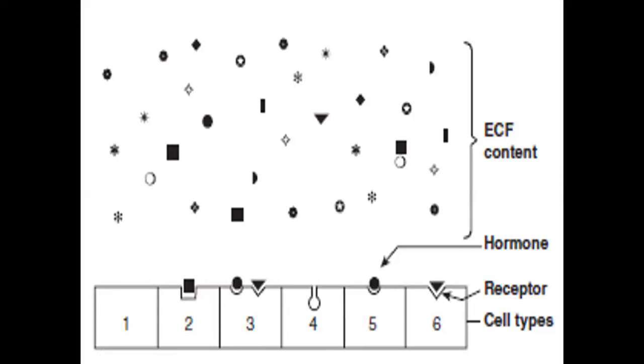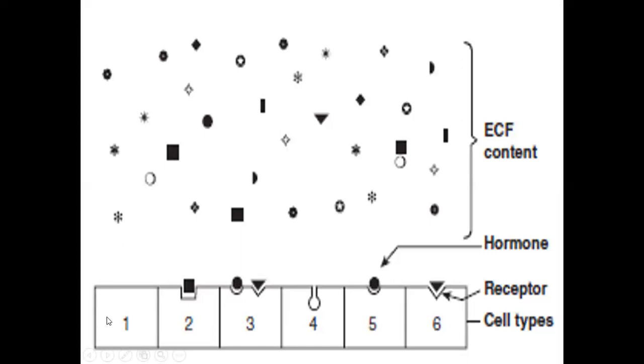Now, a cell may contain receptors, or it may not contain any receptors. Receptors found in the cells must select these molecules from among high concentrations of other molecules found in the extracellular fluid. This simplified drawing shows that a cell may have no hormone receptors.